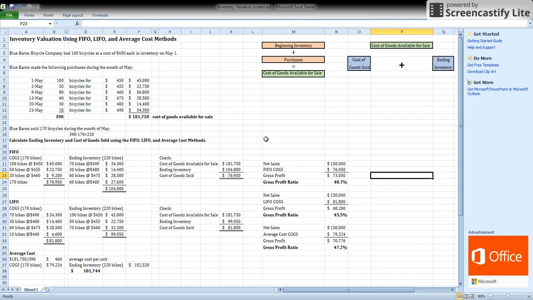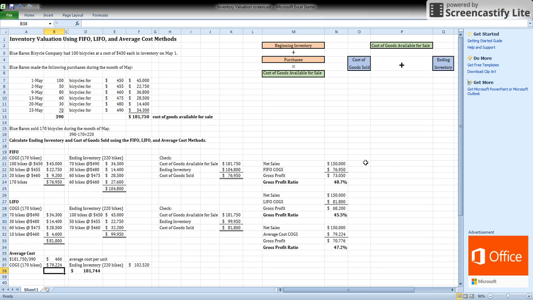So when prices are rising and we're using the FIFO inventory valuation method, we end up with a lower cost of goods sold than we would for LIFO or for average cost. What this means is, if our cost of goods sold is lower, our net income is higher. We have a lower expense using FIFO, and that means that our net income is higher.